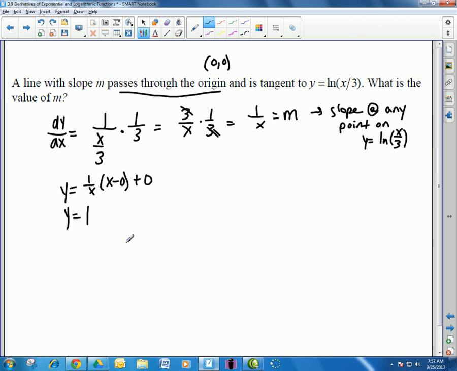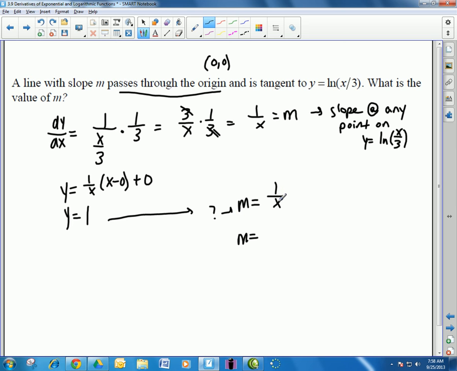Okay? So now we know, I know this is tricky, but try to follow along. We know that the slope at any point is equal to 1 over x. A roundabout way of finding x, because we need to figure out what this is at exactly what point.